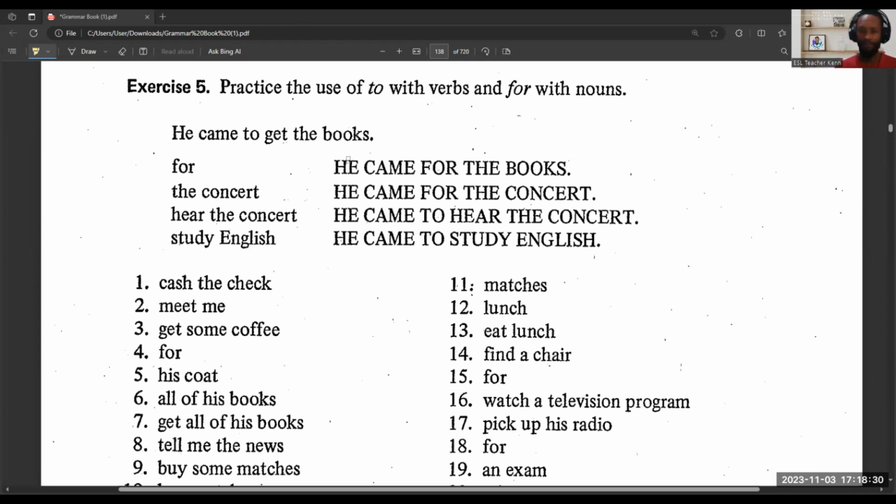For, what would you say? Okay. He came for the books. Repeat. Okay, now what if I use the concert? He came for the concert. Repeat.